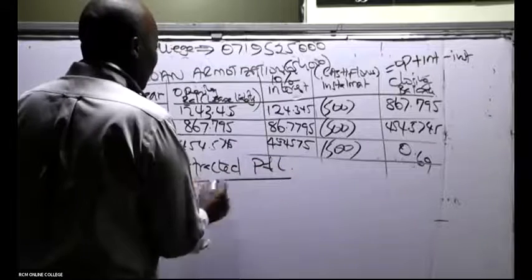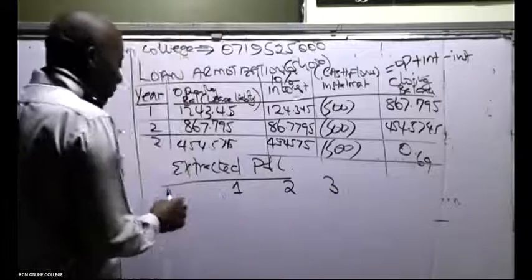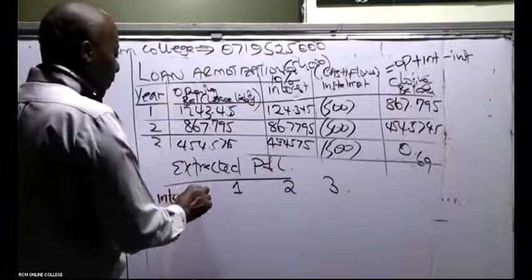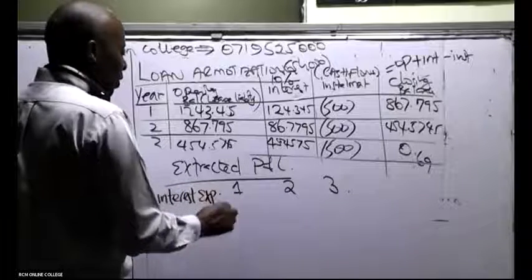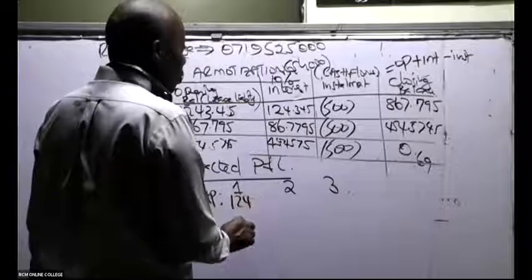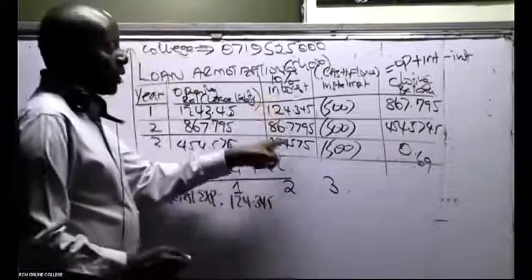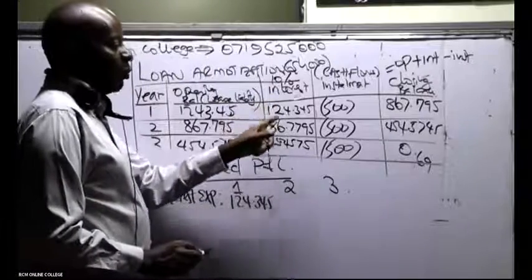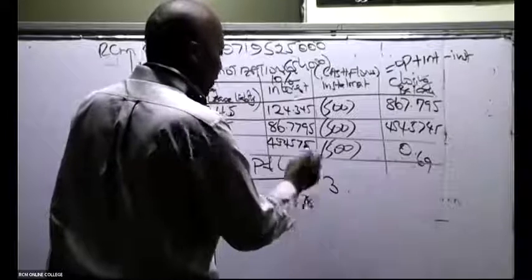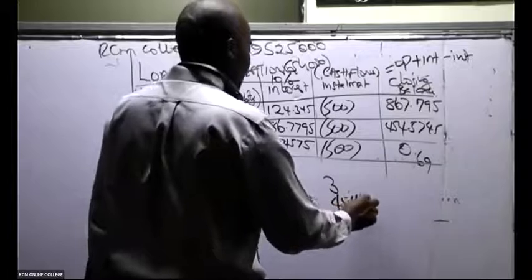So come and give me the extracted P&L. Two things only. Number 1, it will be the interest expense. The interest expense, we have 124.345. You simply copy this column. Then we have 86.78, and then 45.46. That is interest.